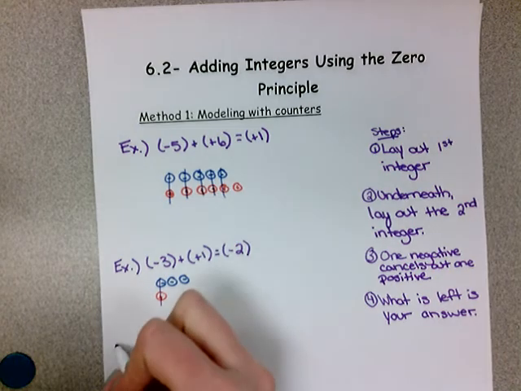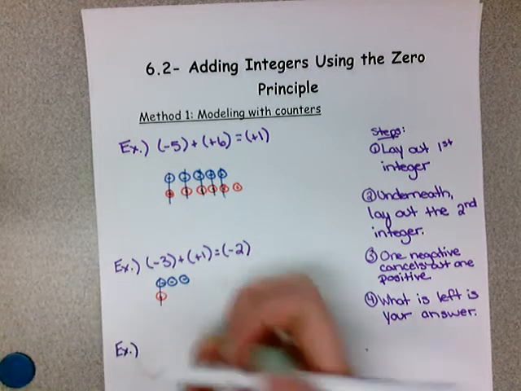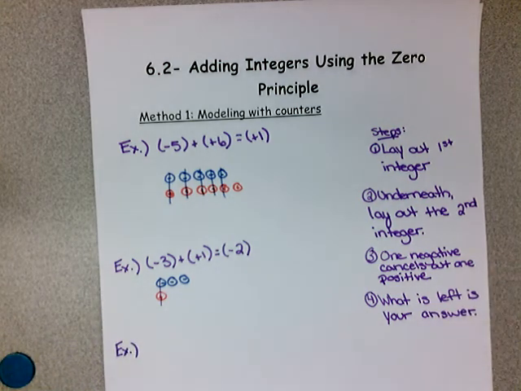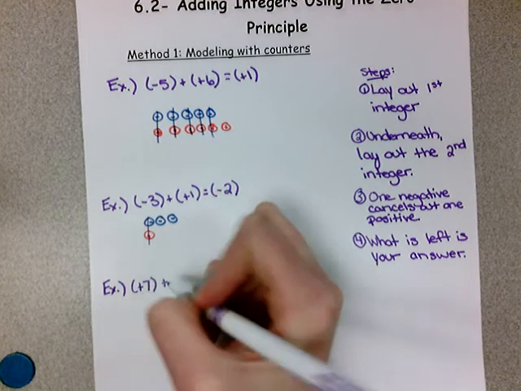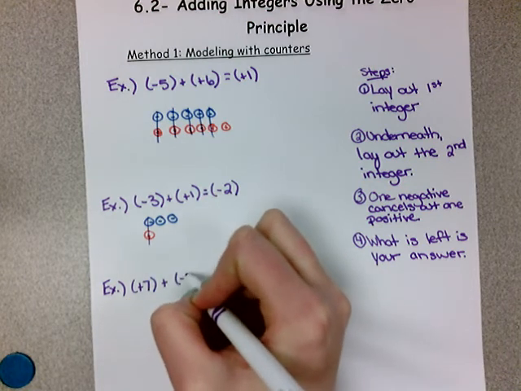All right, now I would like you to try a few of these on your own. I'm going to write them down here. You can then pause this video, try and figure them out on your own, write down the answers, and then see if you got them correct or not. We're going to try +7 plus -4.